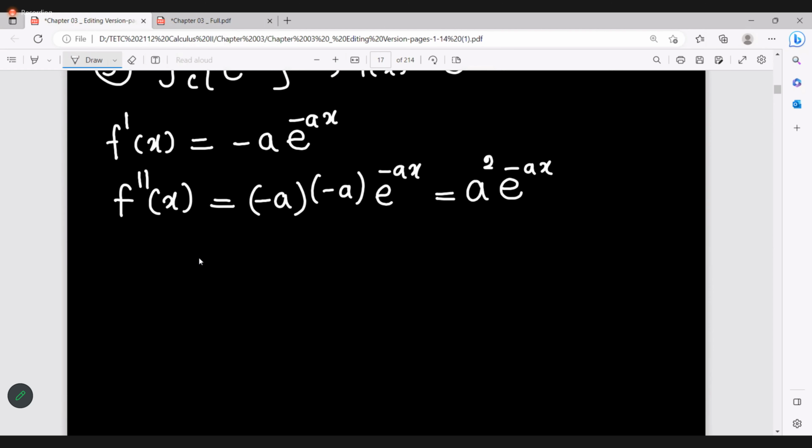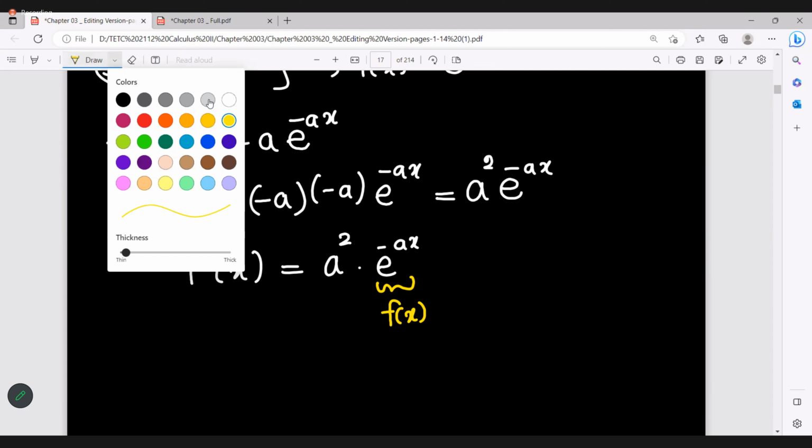I will rewrite this: f double dash x is equal to a to the power 2 times e to the power minus ax. And here we can see that this e to the power minus ax is our original function f of x.